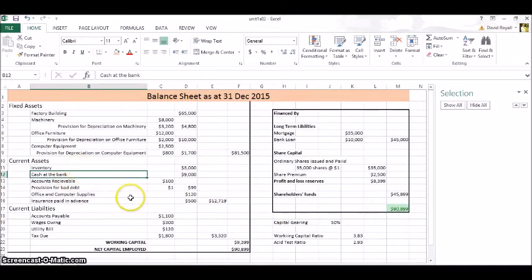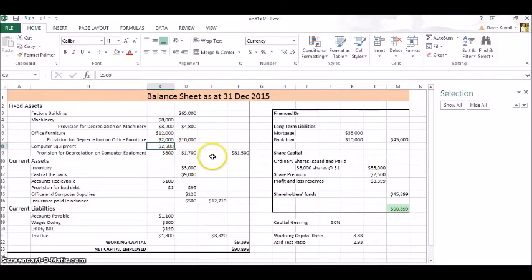Well, what are we going to do with all this cash? We've got a very, very healthy working capital ratio and a wonderful acid test ratio. But let's suppose that our computer now desperately needs either refurbishment or maybe some addition. So what we're going to do, let's spend an extra 2,000 on the computer.